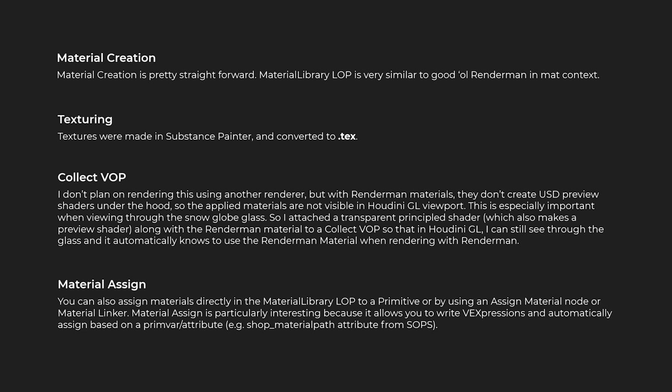If you do a SOP import, it'll automatically also make that into a primvar, and you can use that attribute to potentially assign some materials with the same name in the material library lop, which is really cool. So you don't have to assign things manually if you have like 100 or 1,000 different objects that you have already prepped in OBJ context.